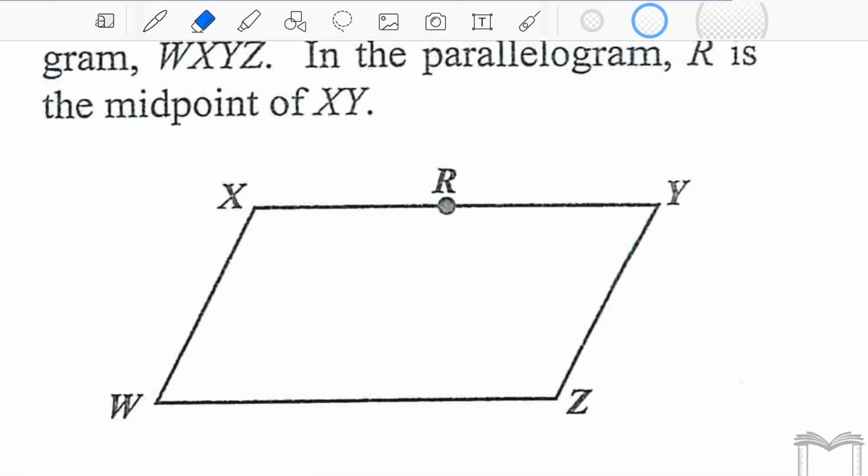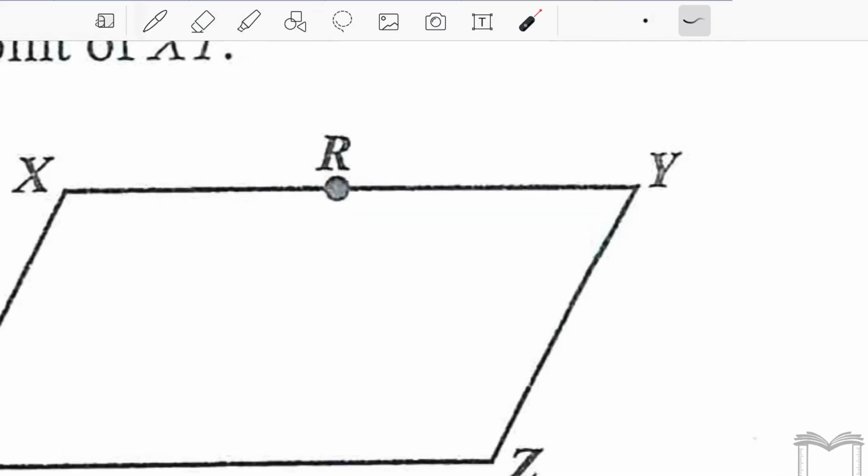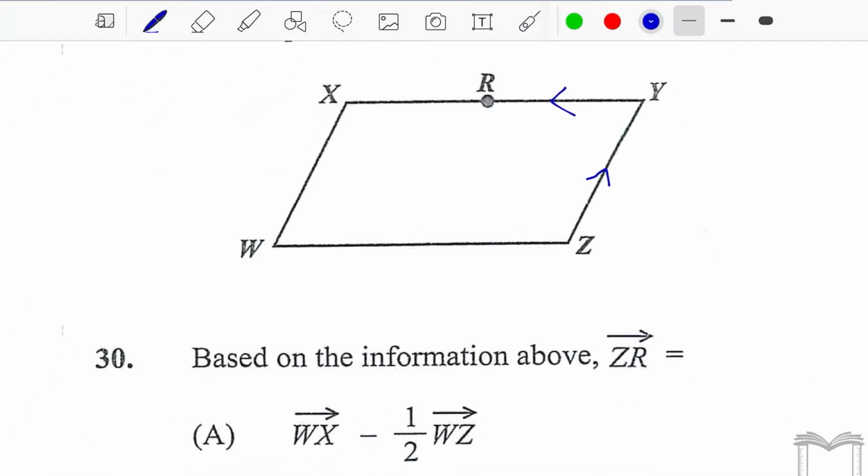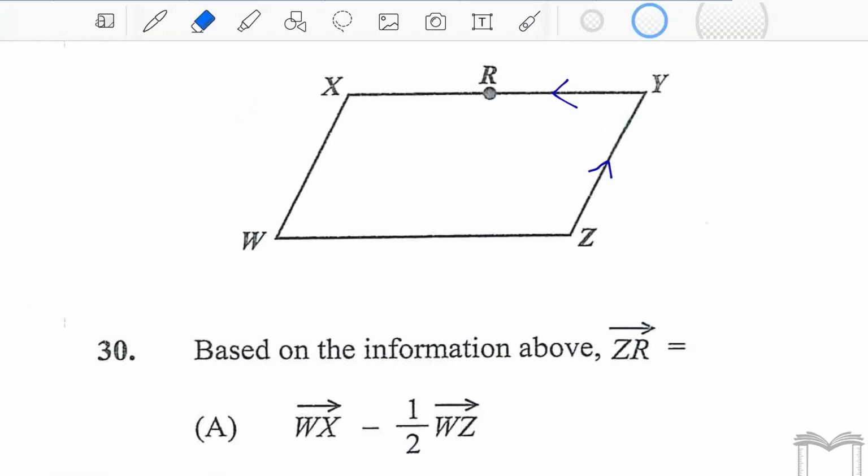So it means that we are trying to get from Z to R. One would think that the easiest way would be to go this way from Z to Y and then from Y to R, which is correct. That is the easiest solution.